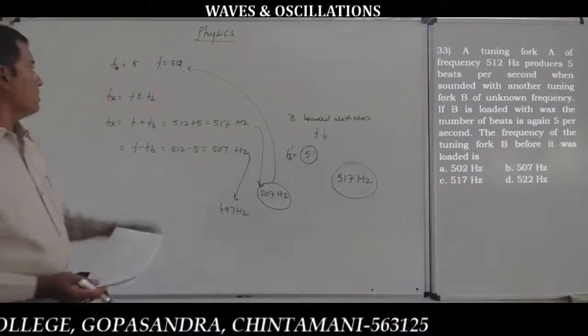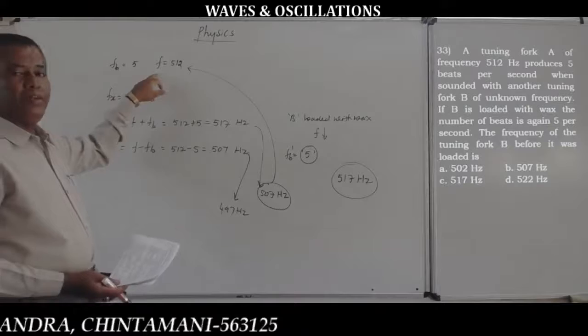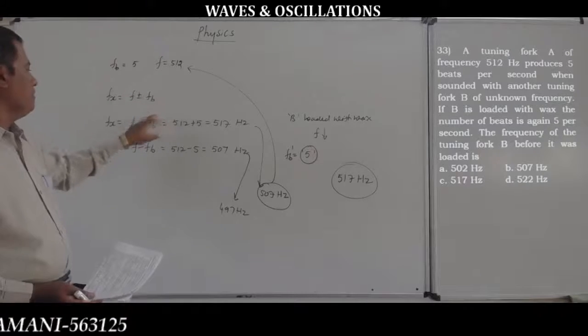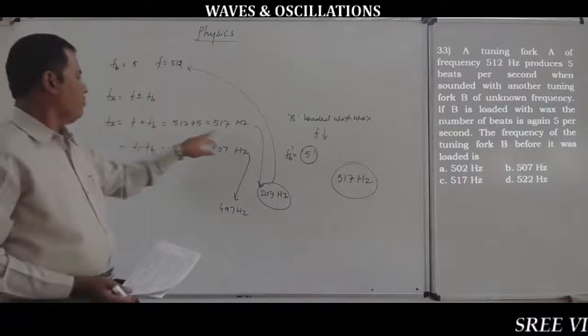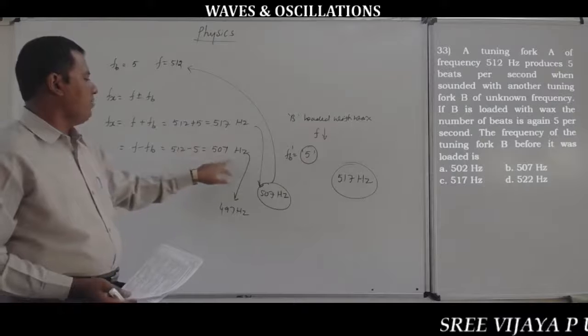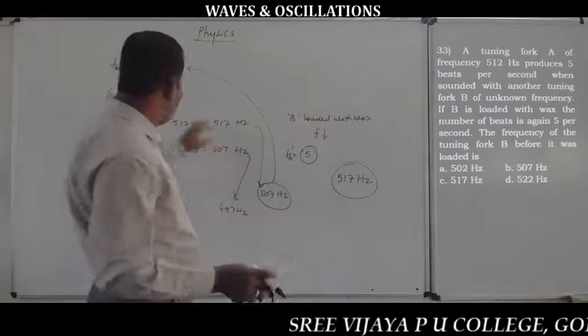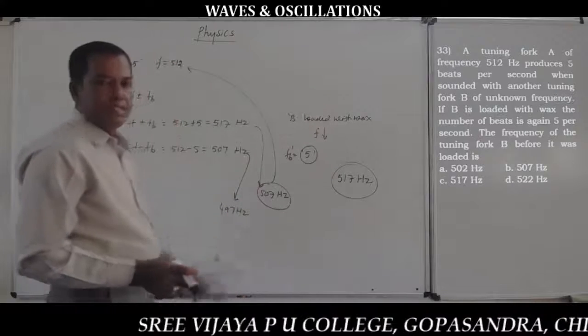Let me repeat once again. Initial case beat frequency is 5. Frequency of the known tuning fork is 512. Unknown is given by f plus or minus fb, so it may be f plus fb, 517, or f minus fb, 507. But once tuning fork B, the unknown, is loaded, its frequency should decrease.